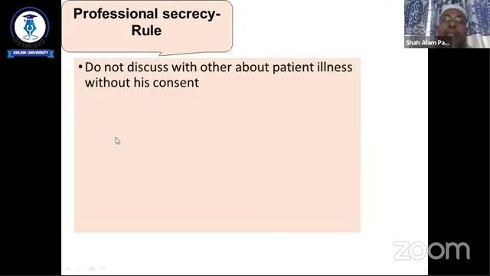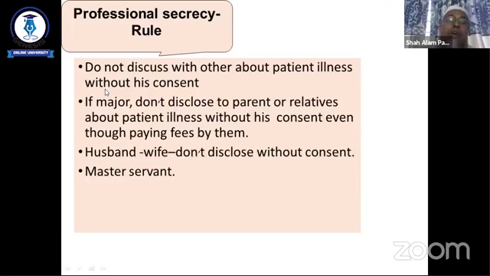Professional secrecy. Don't discuss with others the patient's illness without his or her consent. Though you are paid by the master or by the husband or by parents, if the patient is a major, don't disclose to parents or relatives the patient's illness without his or her consent, even though they are paying the fees.